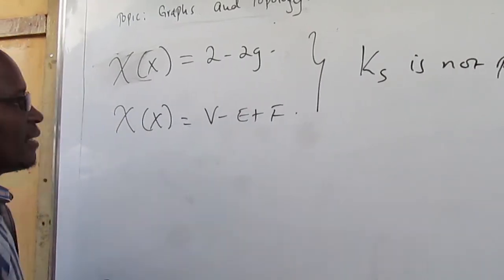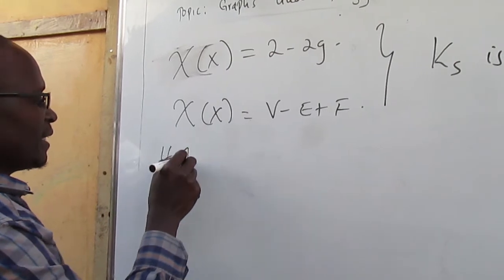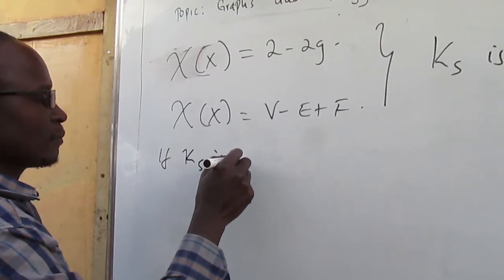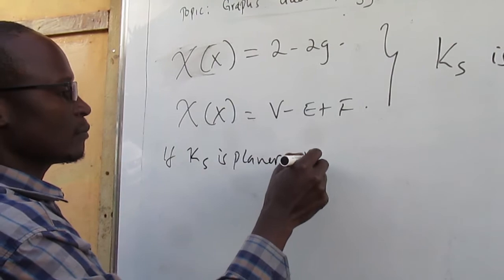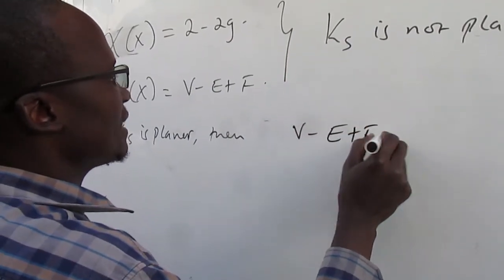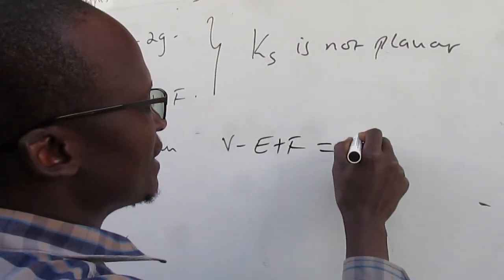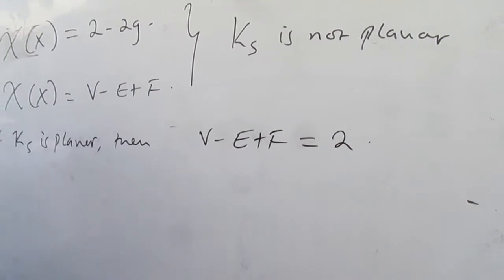Okay, so now how do we proceed? Now we know that if K5 is planar, then the expression v minus e plus f for this graph is equal to 2, the same as for the sphere.